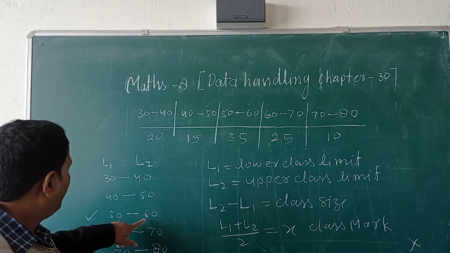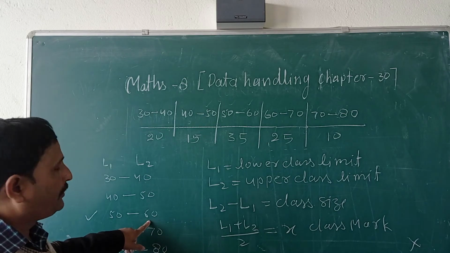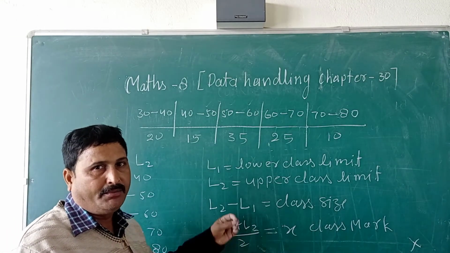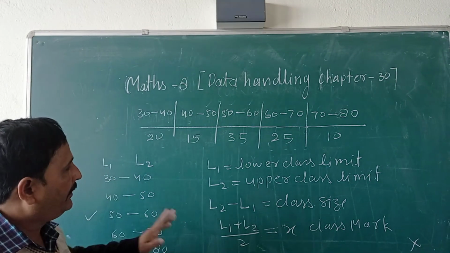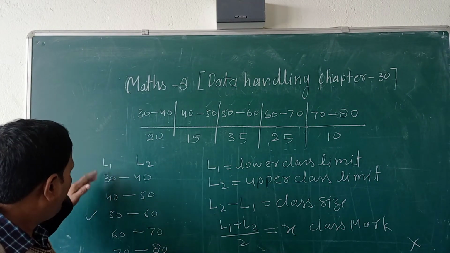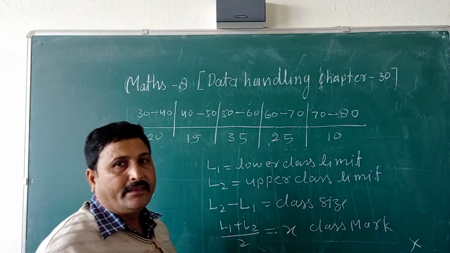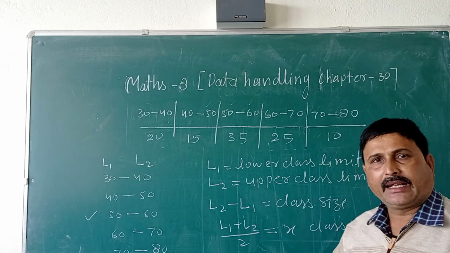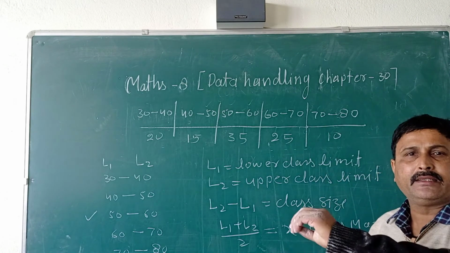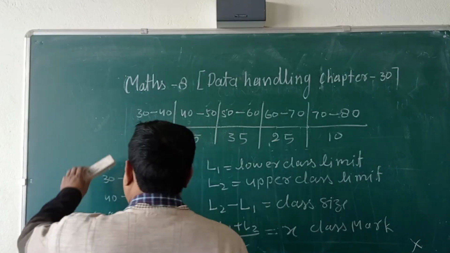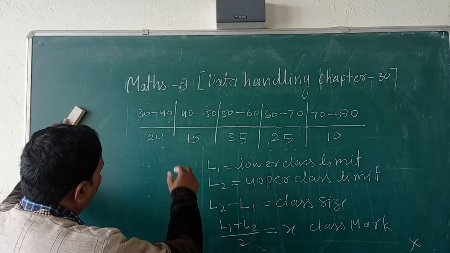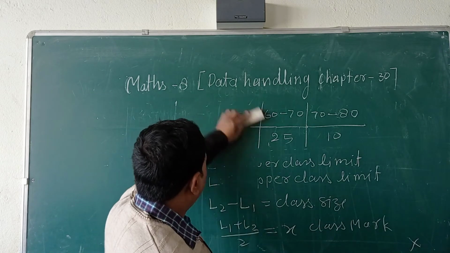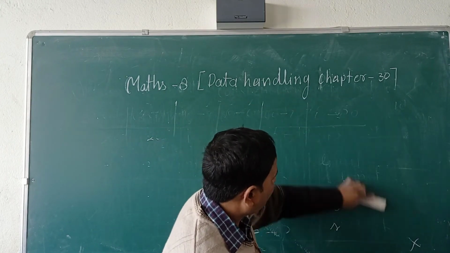Class mark means 60 plus 50, 110, divided by 2, 55 will be the class mark of that class interval. So this question may be asked: class interval given, write the upper class limit, lower class limit, class size, class mark of a particular class interval. Whatever observation is given is called raw observation. When you are making the groups, that is called grouped observation.